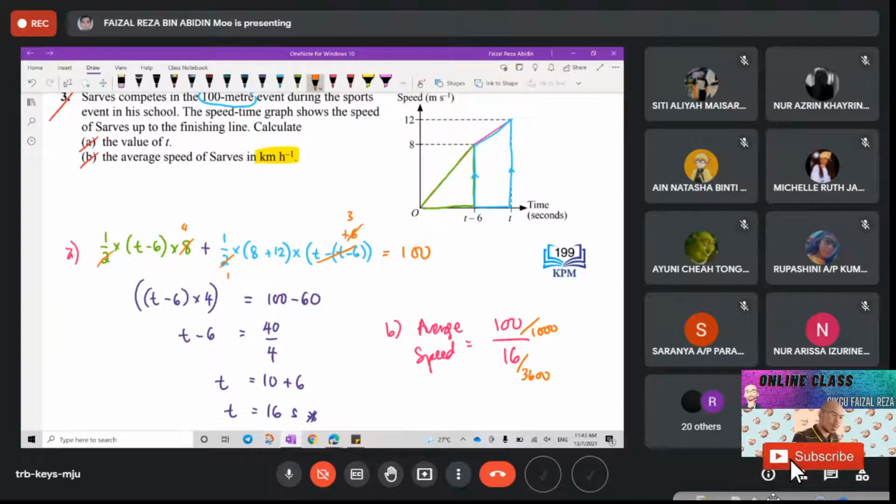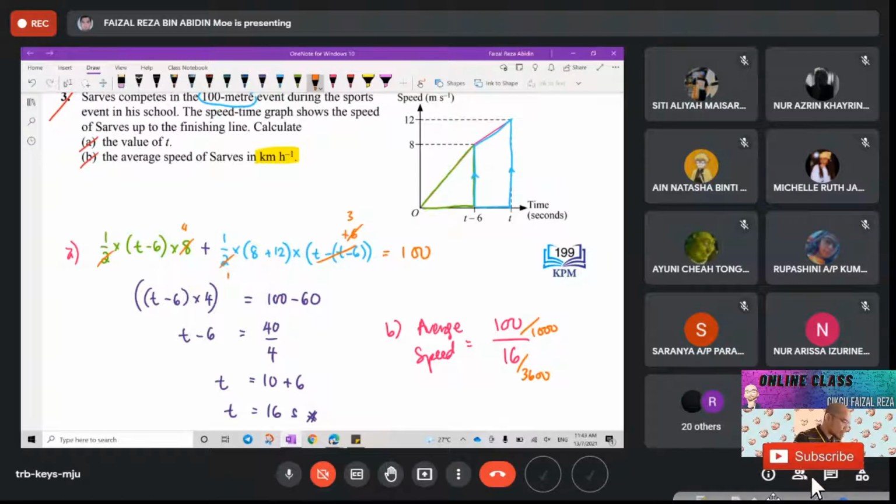Okay, so over here, wait, I'm going to calculate on my calculator. 100 over 1,000 divided by 16 over 3,600.